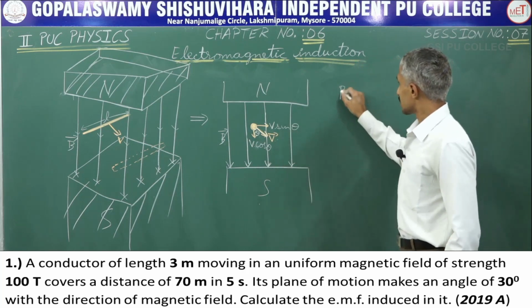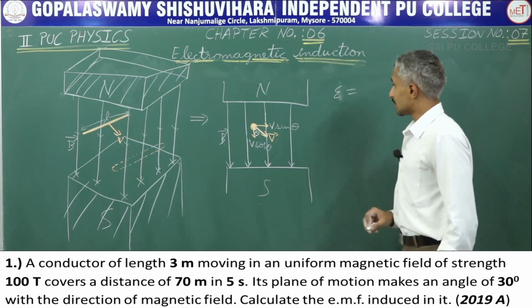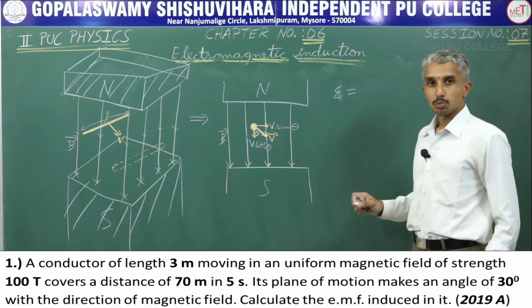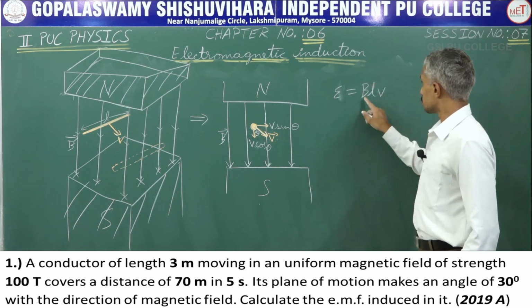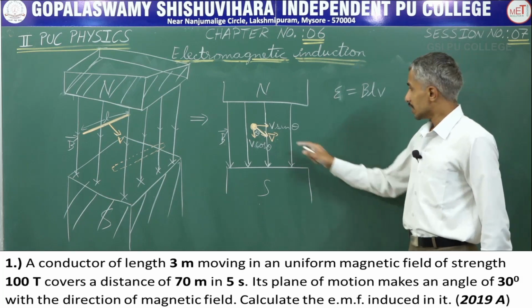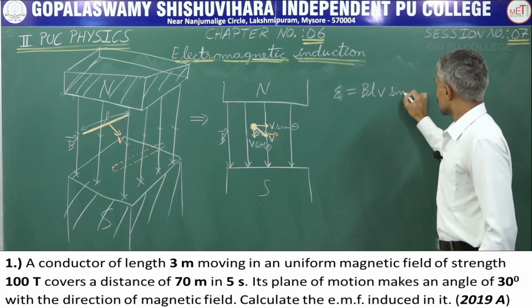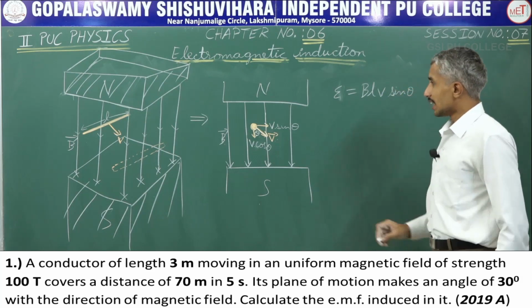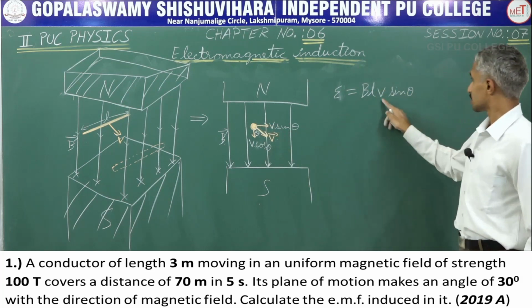And the EMF induced here is nothing but the motional EMF. So we have an expression for motional EMF as the magnetic field into length of the conductor into velocity of the conductor. Here we make an extra term sin theta. As the conductor is making some angle theta, we take the perpendicular component of it, which is V sin theta.